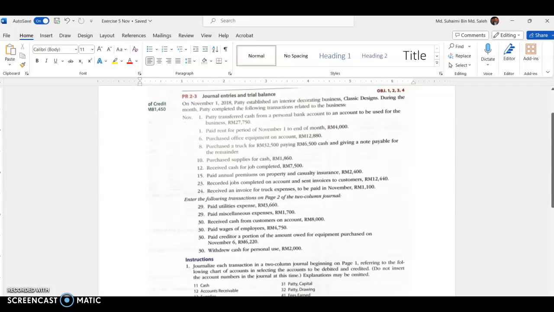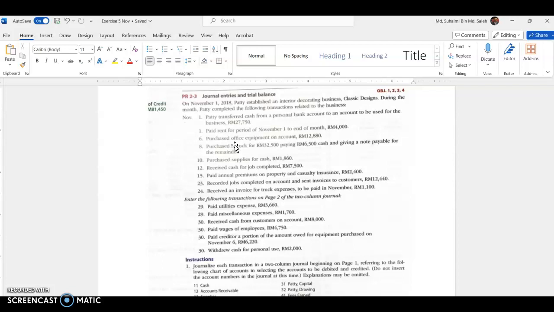Okay, the next transaction is purchase office equipment. When we purchase office equipment, we have to record the assets. Office equipment asset, with the amount of 12,880.